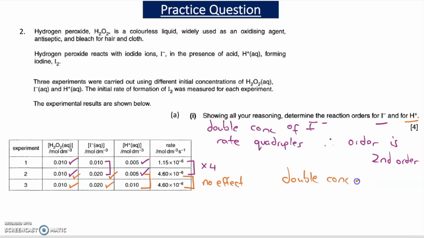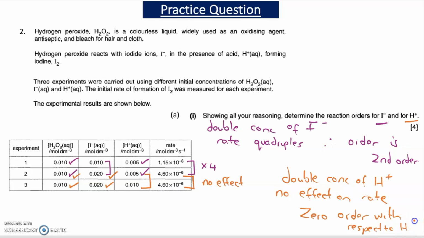The concentration change does not affect the rate. So therefore, it's zero order with respect to H plus ions. And if it's zero order, we don't need to include H plus ions in the rate equation, as they don't affect the rate.